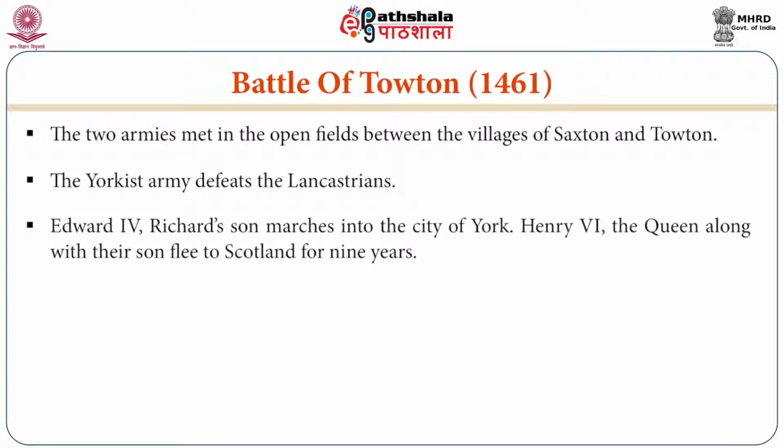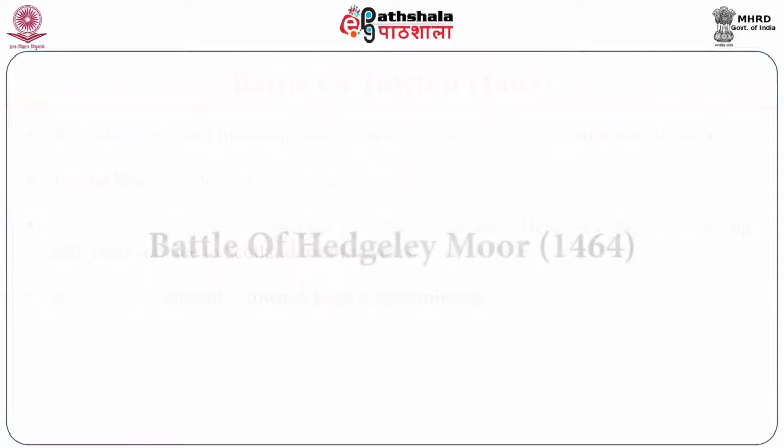Edward IV, Richard's son, marches into the city of York. Henry VI, the Queen, along with their son, flee to Scotland for 9 years. Edward IV is formally crowned as the King at Westminster, which is very historical in this particular context.